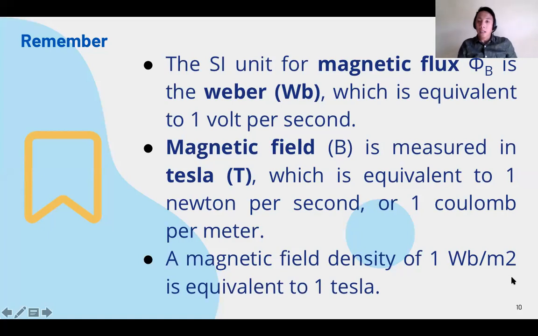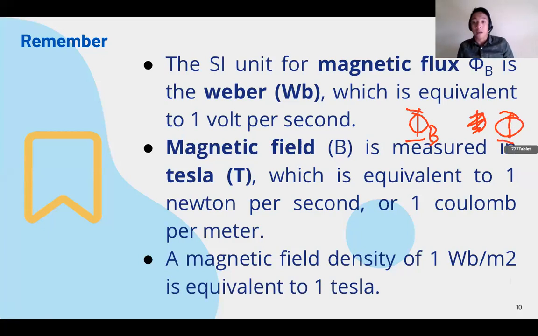The SI unit for magnetic flux, if you're just using this, this is electric flux, right? But if we have a letter B, that will be our magnetic flux, okay?